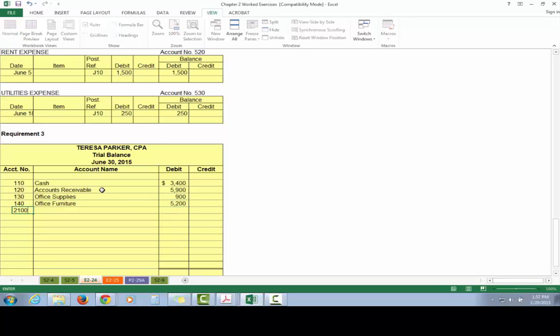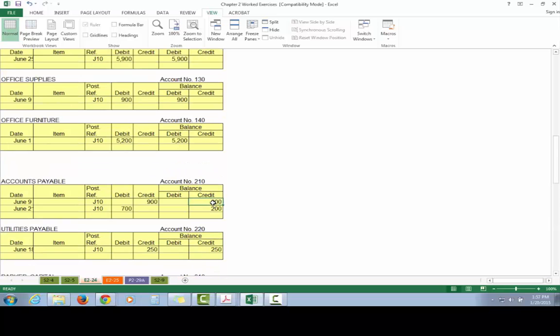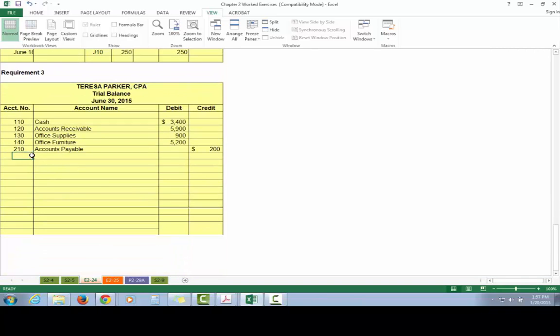And then accounts payable, that was the last asset. Remember, we paid it down to $200 credit. Okay, so come up here, you'll see accounts payable. It's a credit balance of $200. And then we'll have 220 was utilities payable.